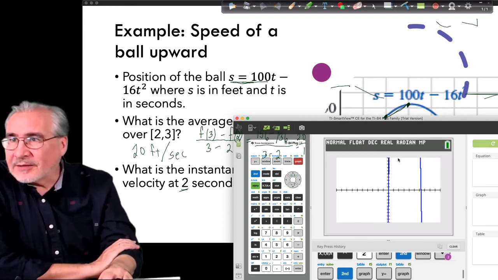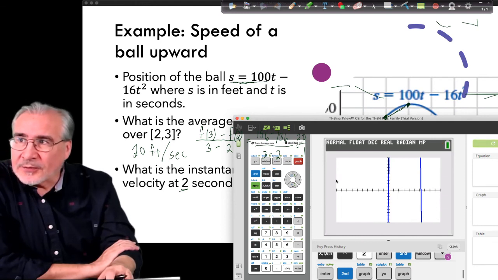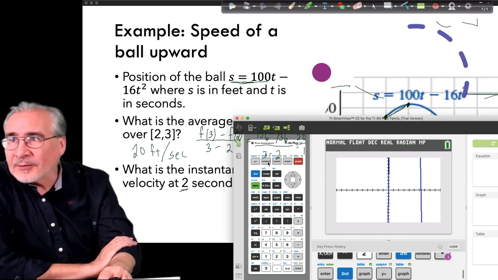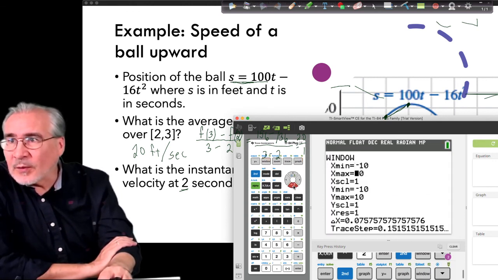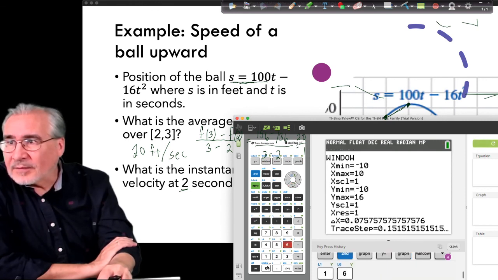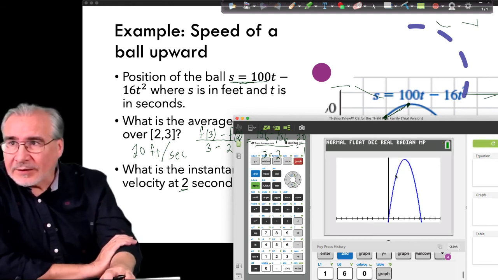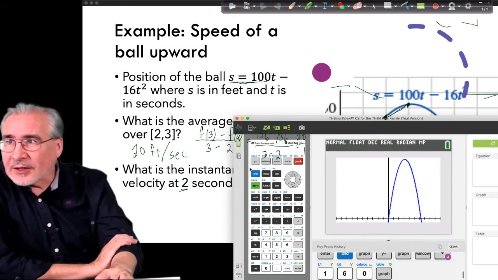Now, it's at 2 seconds. We know from our table that it's going up as high as 156. So to be able to see all of this, we'll adjust the window so that the y max is like 160. We'll go back to the graph. There it is. There is a function, so we're going to go second calc.